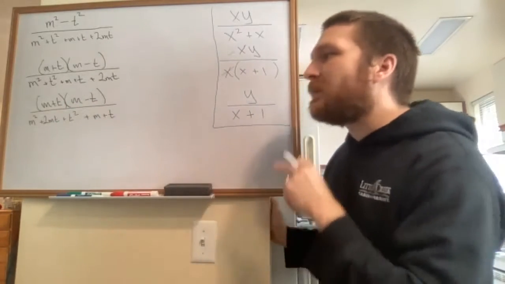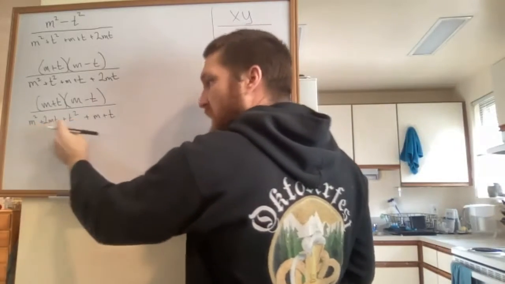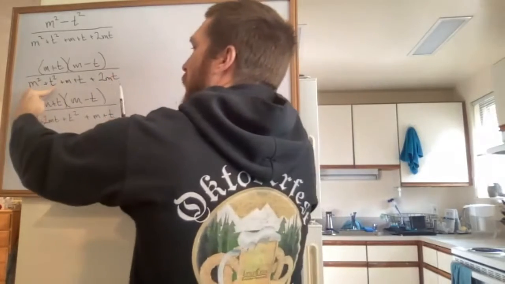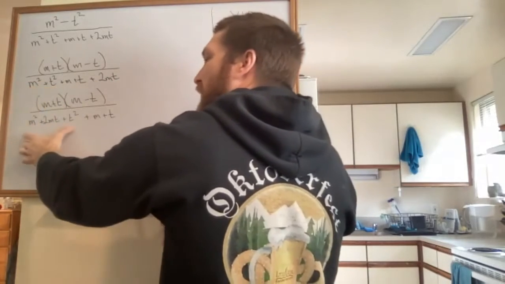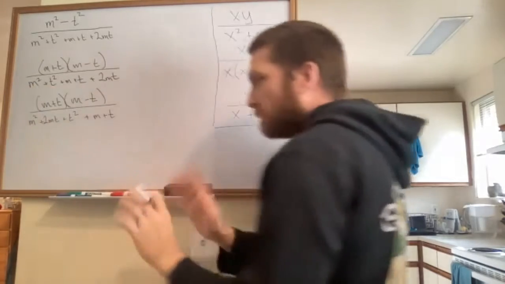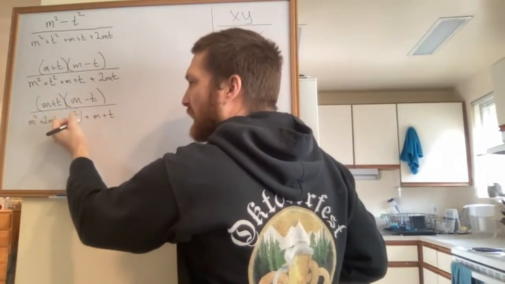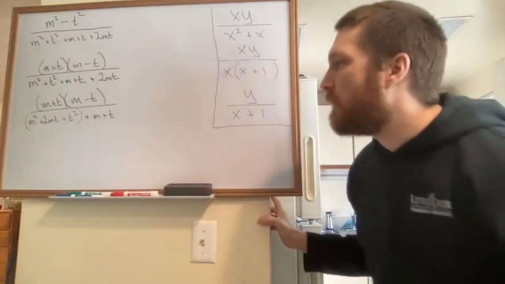The whole reason I was doing that is because I've seen about 1,000 of these. That's why I noticed that these guys are somehow related, right? This M squared and the T squared and the 2MT. If I could get those together, then what can I do? In fact, what is that right there? Can that be factored? Yes.